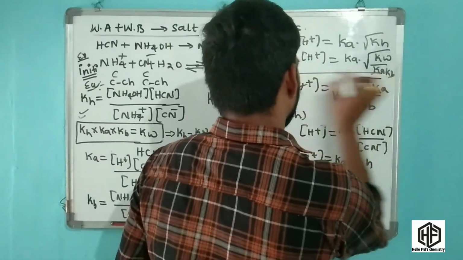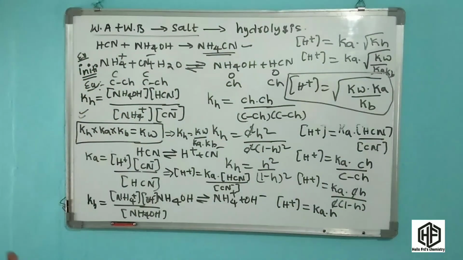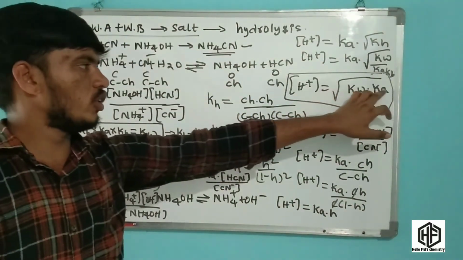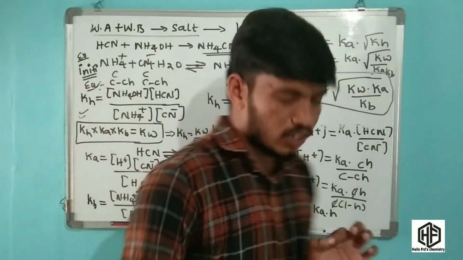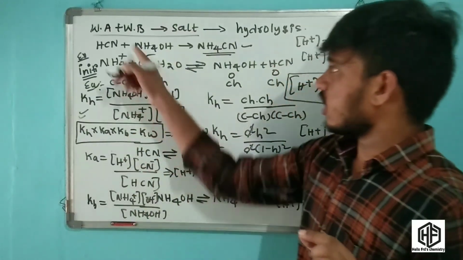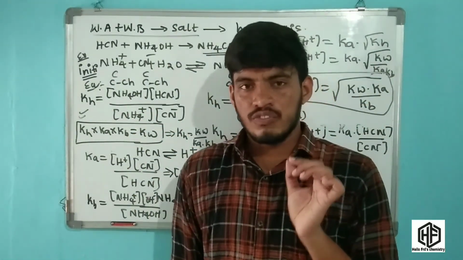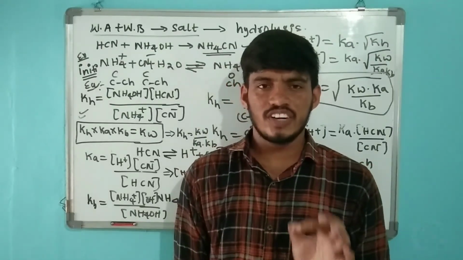This is finally the H plus ion concentration of the weak acid plus weak base: root over Kw into Ka by Kb. This is the concept of salt hydrolysis of weak acid and weak base. Okay friends, this is clear.